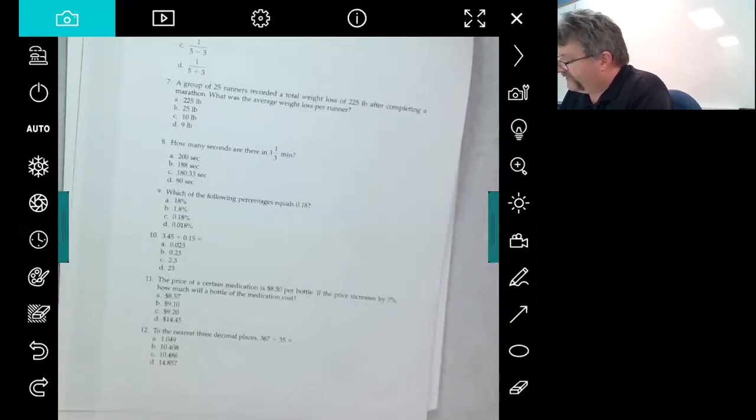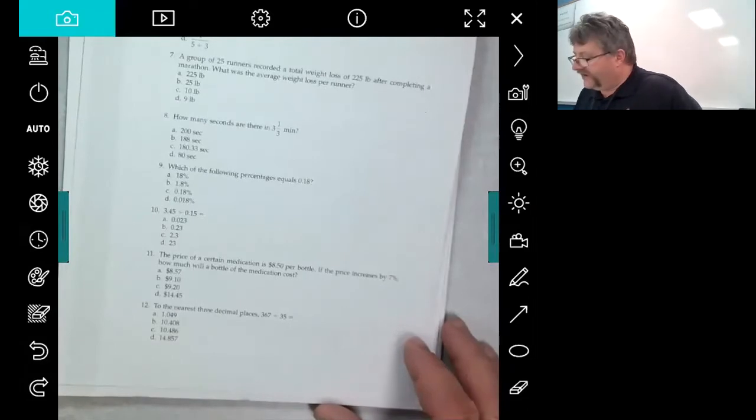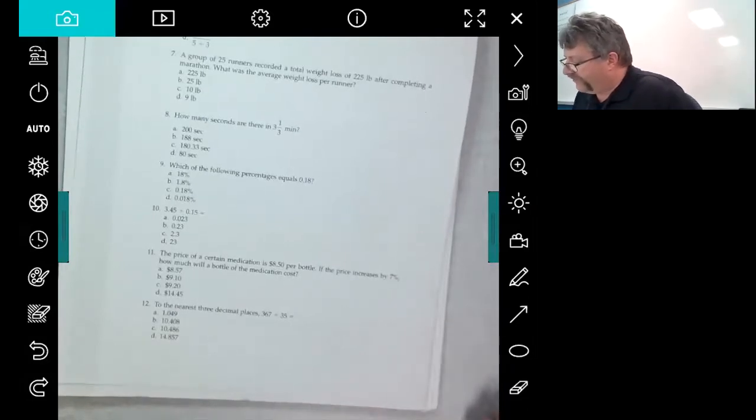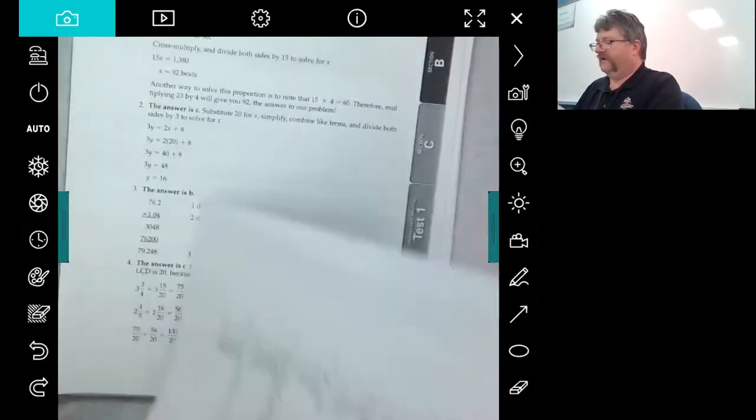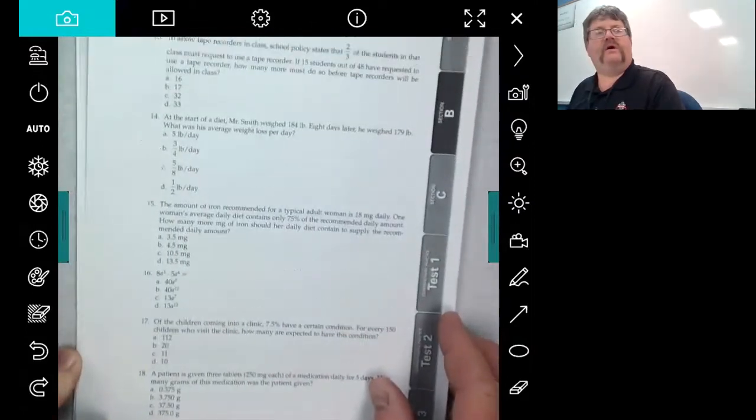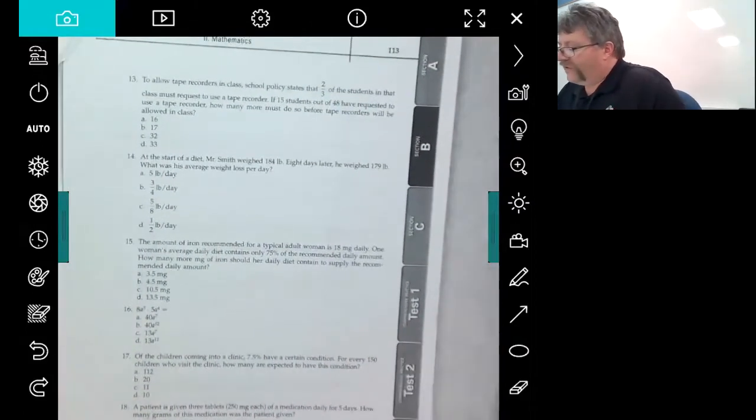If the price increases by 7%, how much will a bottle of the medication cost? 12, to the nearest 3 decimal places, let's take 367 divided by 35. 13, to allow tape recorders in class, school policy states that 2/3 of the students in that class must request to use a tape recorder. If 15 students out of 48 have requested to use a tape recorder, how many more must do so before tape recorders will be allowed in class?